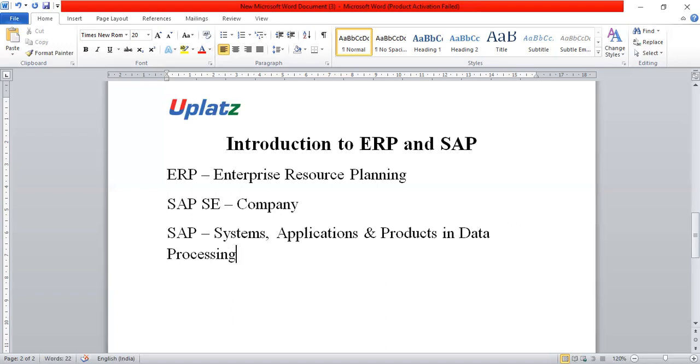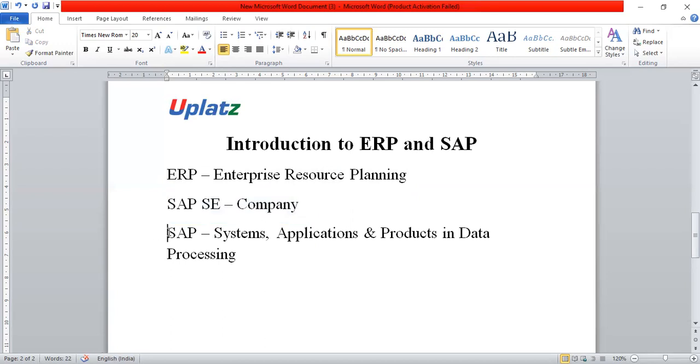First of all, once again, I will tell you this ERP. This ERP is one type of software. That software name is Enterprise Resource Planning. There is one company there in Germany. That company name is SAP SE. This company produces one type of enterprise resource planning, which is the general name of that software.